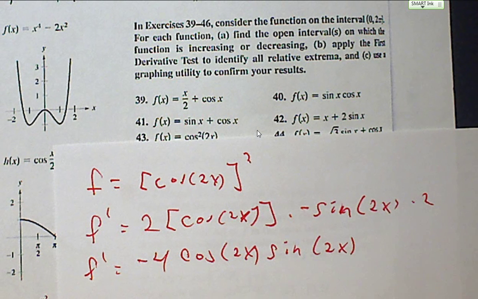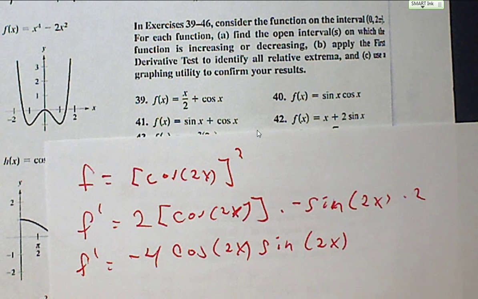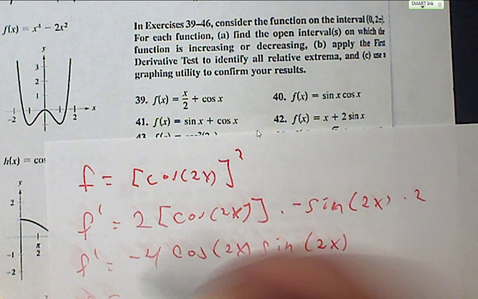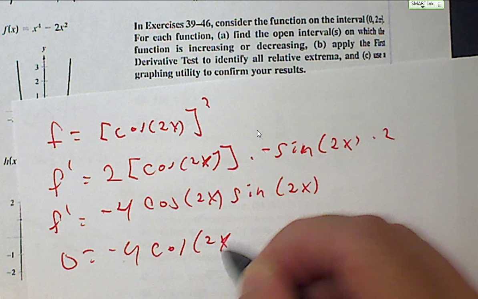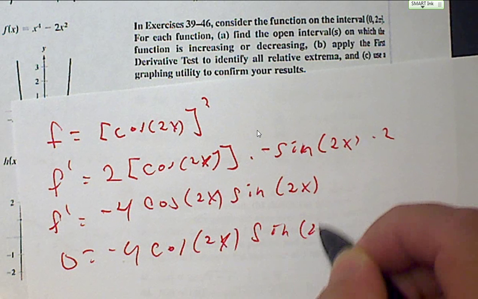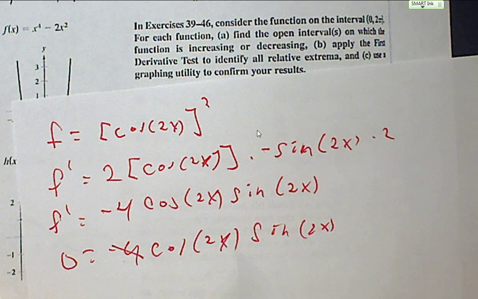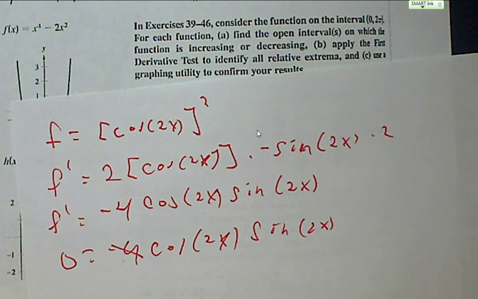All right. So the whole point the last 2 days has been to find where f prime equals 0. So 0 equals negative 4 cosine of 2x sine of 2x. Well, negative 4 is irrelevant, because 0 divided by negative 4 is 0.